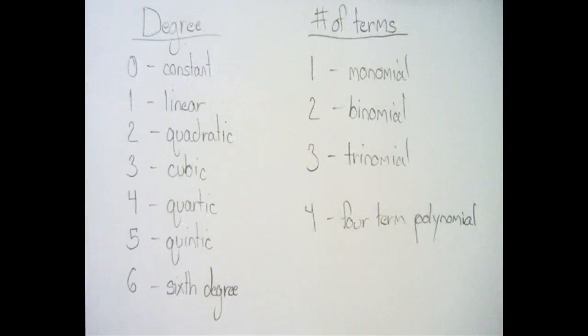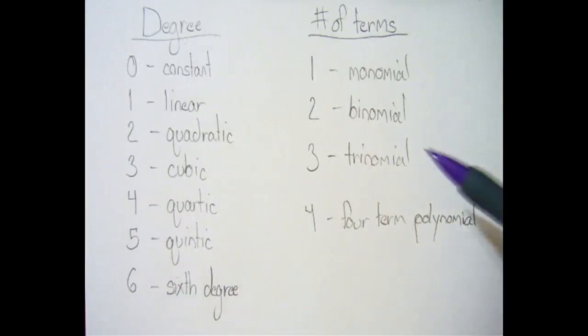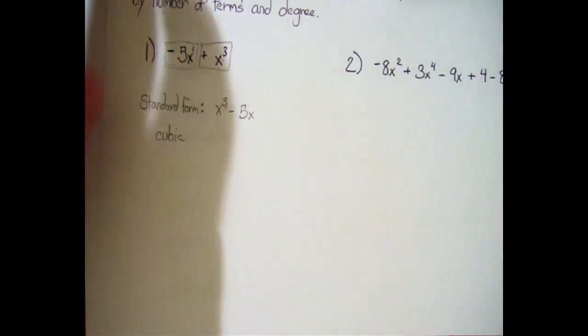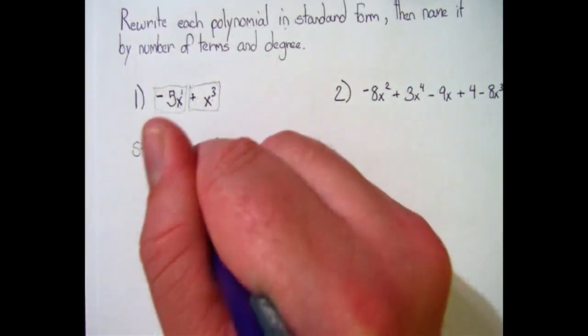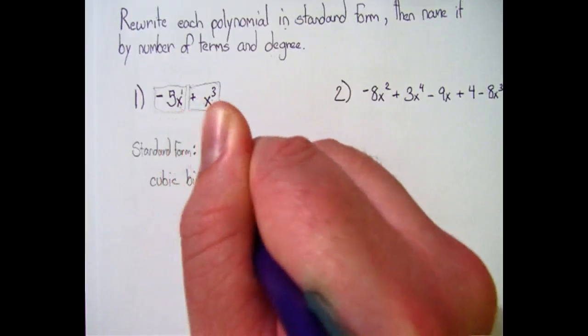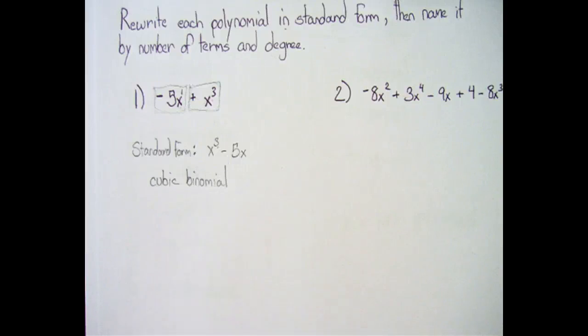And so based off of the number of terms, this thing should be called a binomial. So for number 1, we would say that number 1 is a cubic binomial. And now we've written it in standard form and we've named it.